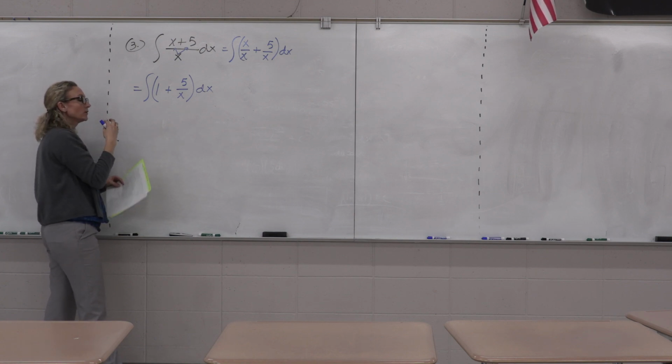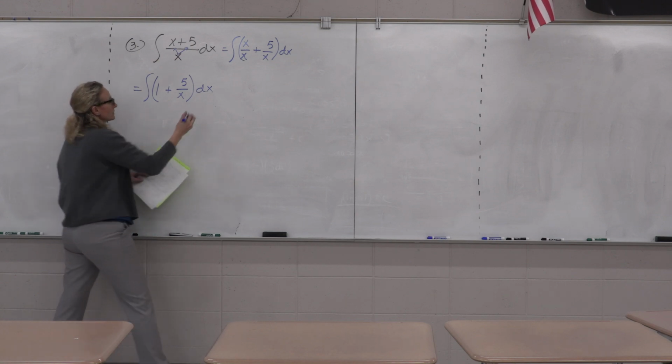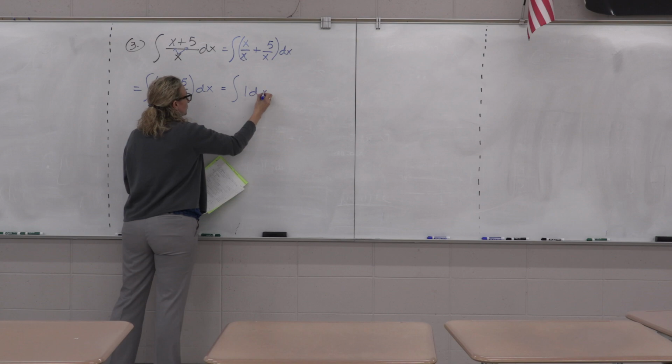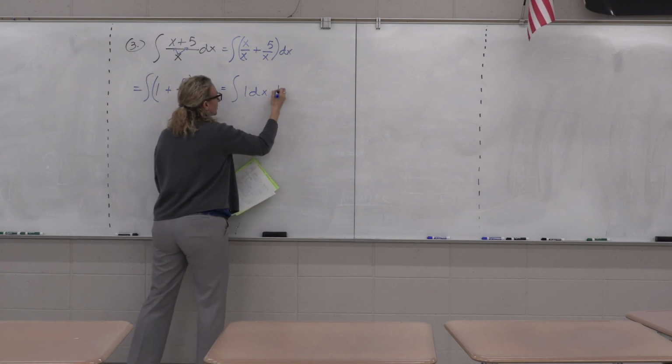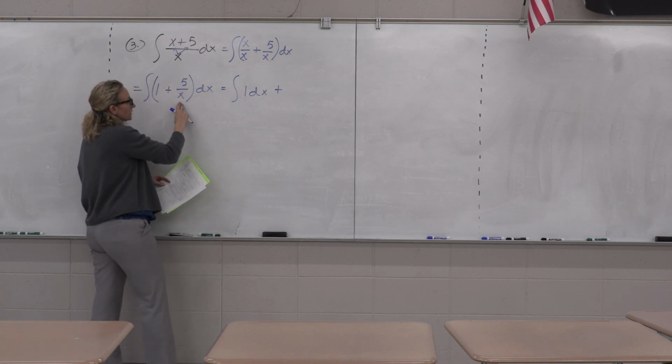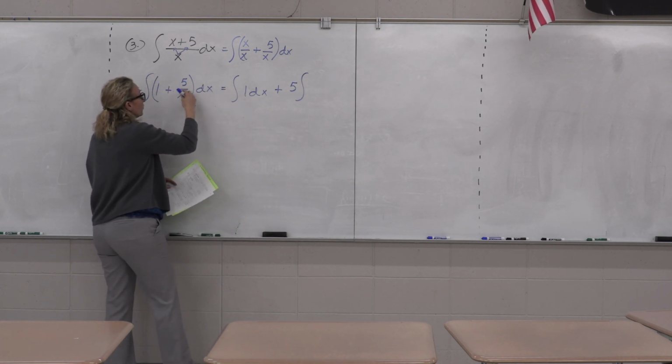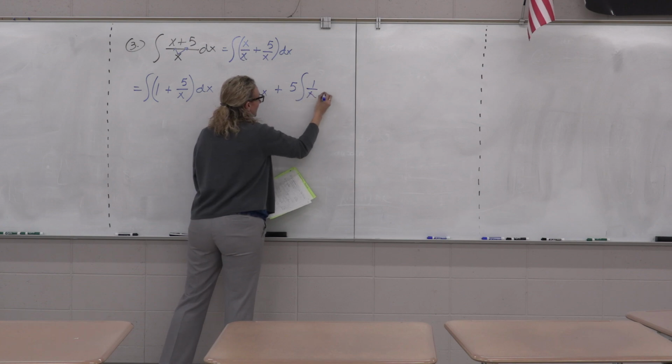So you can either write it or think about it, but this is what I'm thinking about. I'm thinking about breaking this up into 1 dx plus this integral of 5 times 1 over x dx.